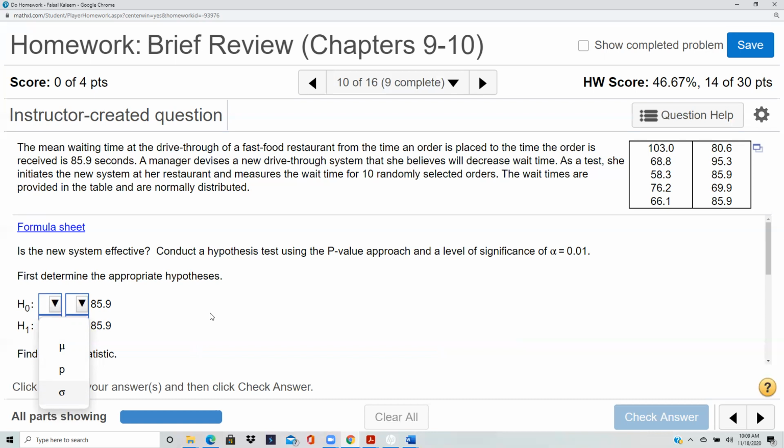So you look at what is being investigated. So what are you trying to investigate? The mean wait time. So what's the keyword? Mean. So mean, and that's the symbol for mean, right?